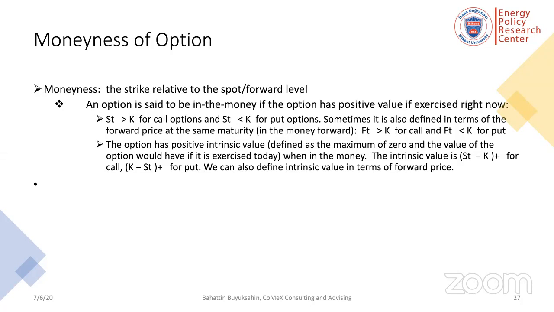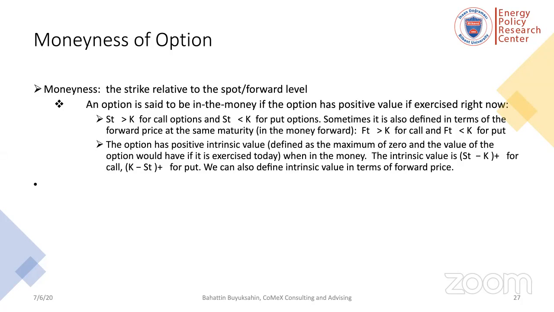Sometimes it's also defined in terms of forward price at the same maturity, in the money forward, for example. If forward price is greater than strike price, we call the option in the money. For the put option, FT, forward price should be less than strike price.